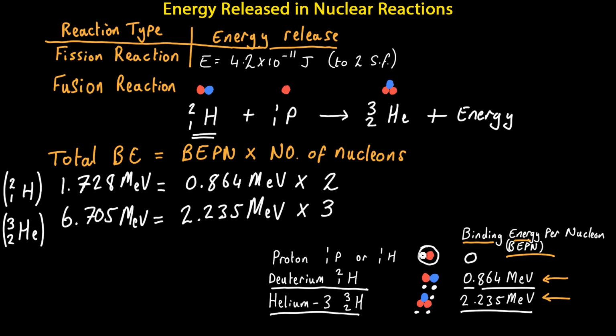So the energy released in this fusion reaction is the increase in the total binding energy. And this is because energy is released when nucleons become more tightly bound. So if we were to think about it more carefully, if we want to break apart all the nuclei on the left-hand side of this reaction, we would need to spend 1.728 megaelectronvolts to do this, to separate all the particles that exist in the reactants.